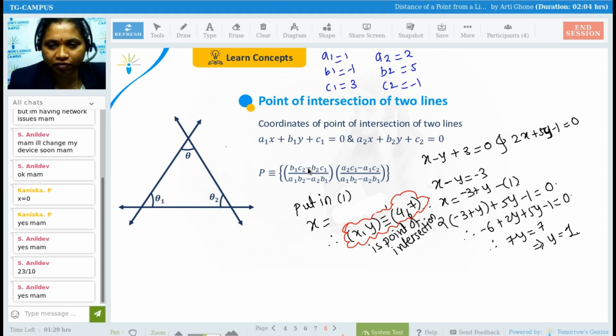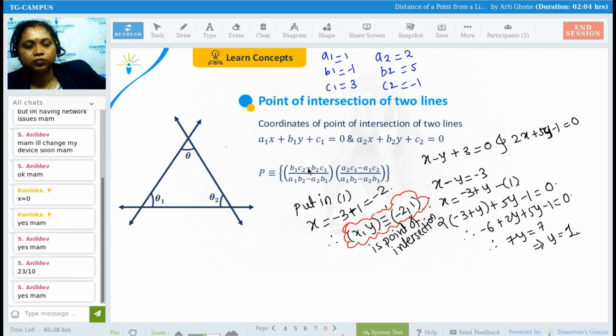Just check with this method, anyone? It's minus 2. So with this method also the same is coming. Minus 2x and y is 1. Okay, with this method the same is coming. That you can try in a break or later. Okay, fine. Then both the methods are clear.